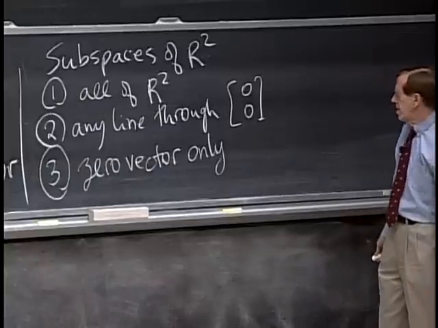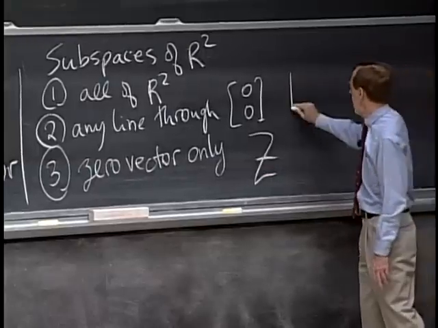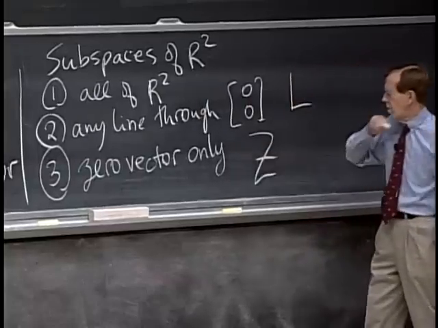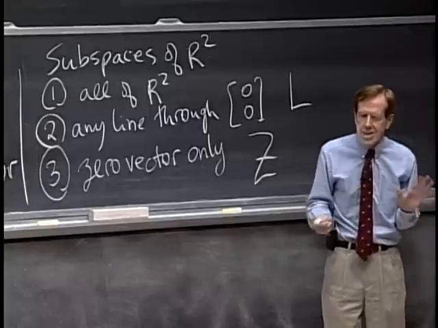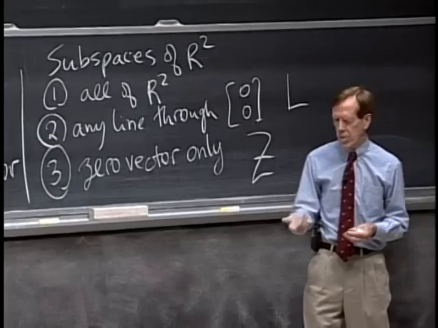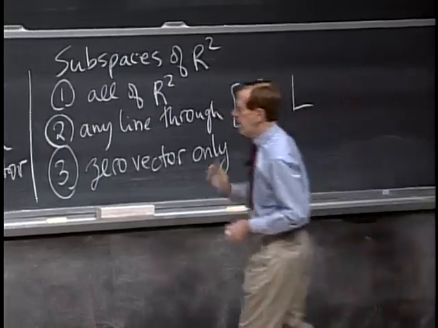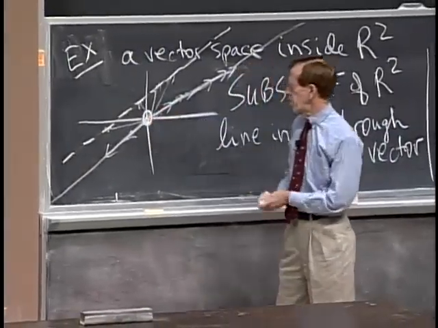I'll often call this subspace Z, just for 0. Here's a line, L. Here's a plane, all of R2. So do you see that the 0 vector is okay? To understand subspaces, we have to know the rules. And knowing the rules means that we have to see that, yes, the 0 vector by itself, just this guy alone, satisfies the rules. Why is that?